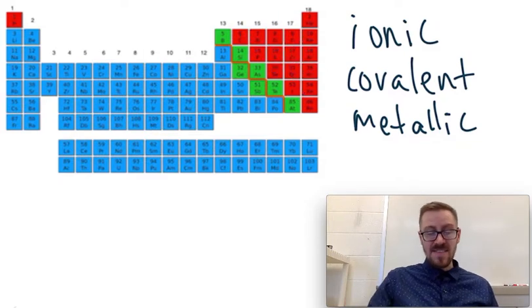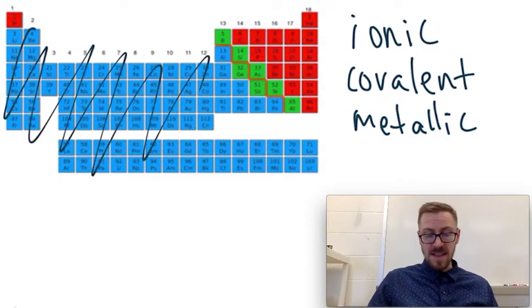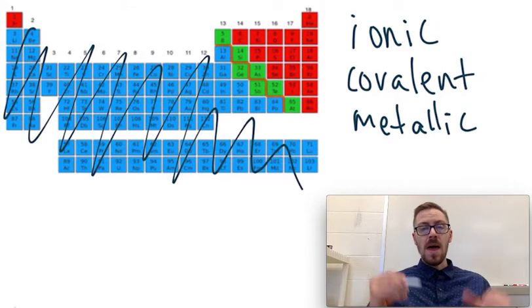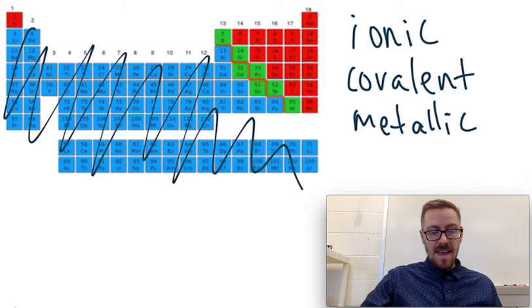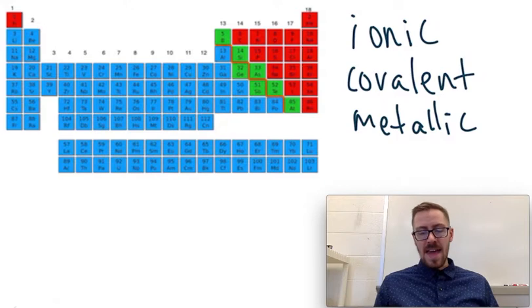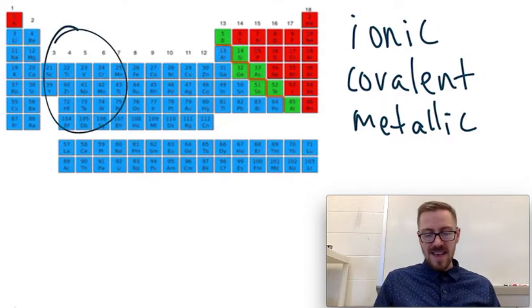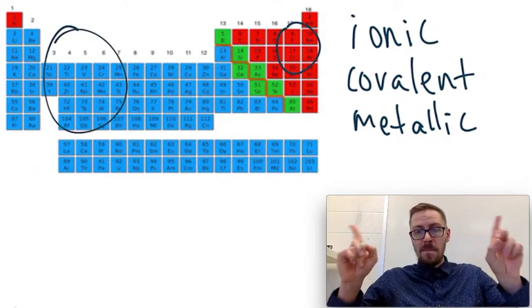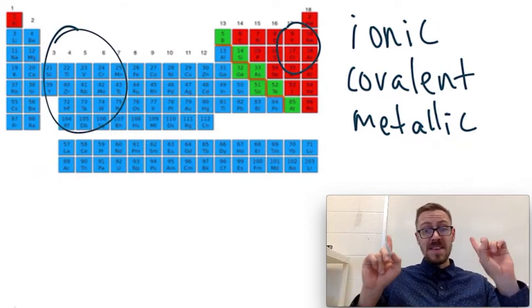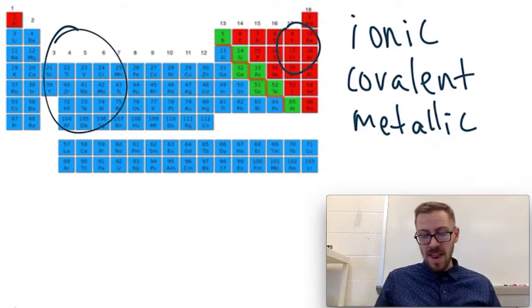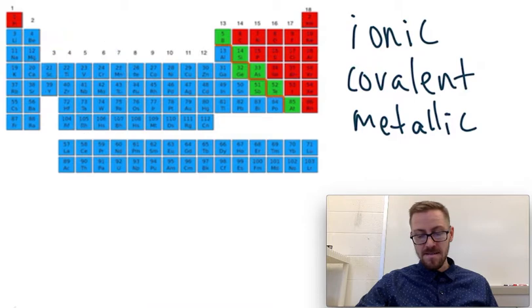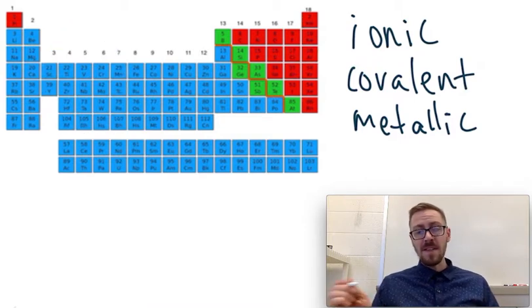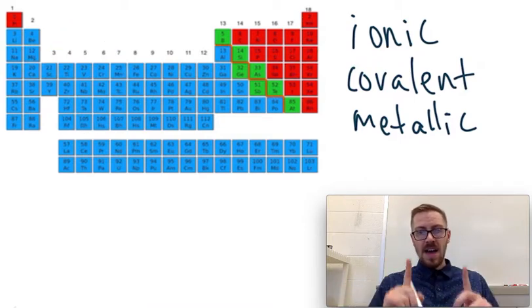And then anything on the left side of it, which is most of the periodic table, are called metals. If you have a metal and a non-metal, so one from this side and one from this side, they're on opposite sides, they're opposite ions, we call that ionic bonding. So if you have a metal and a non-metal, that's ionic.